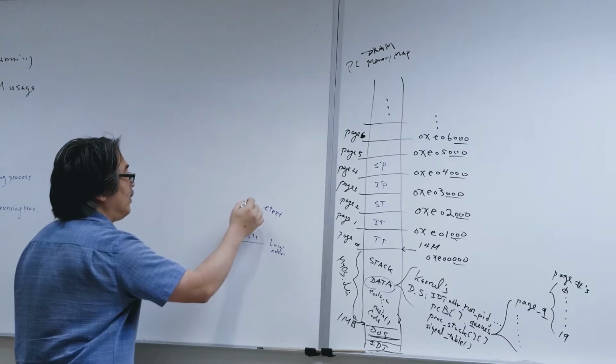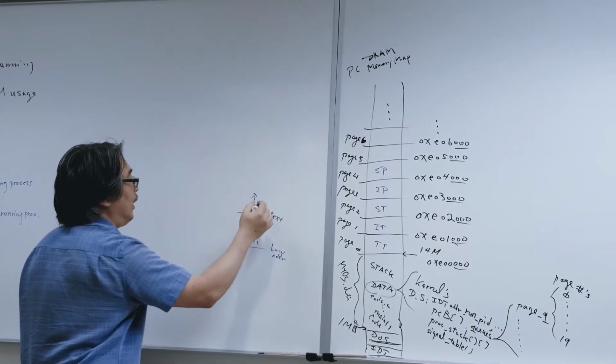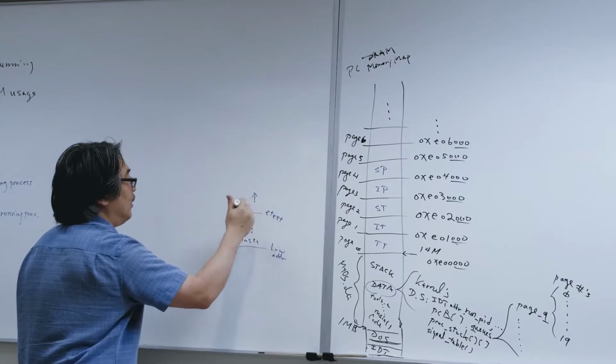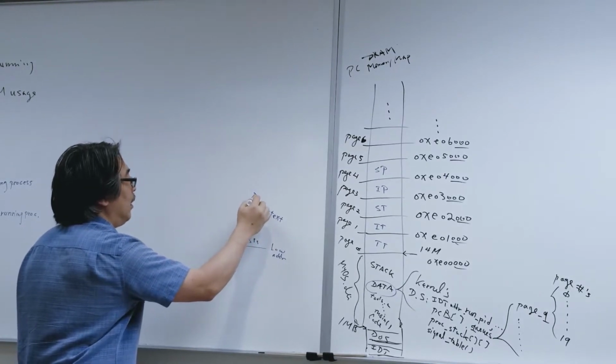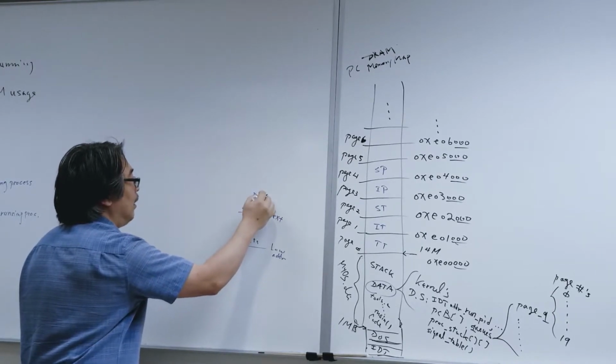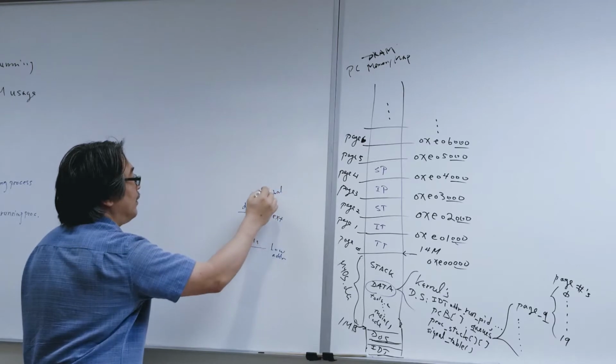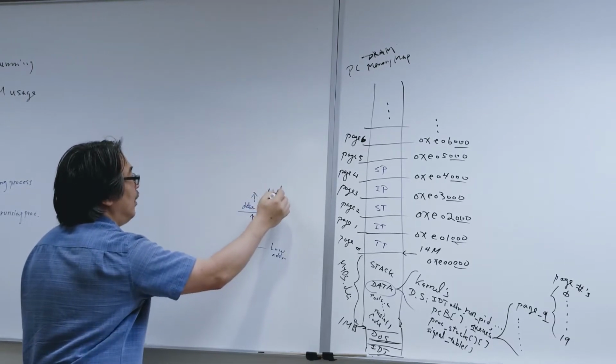So there will be a starting point for the data. Okay, so the data starts from here. Data means global constants, and global things like global variables.